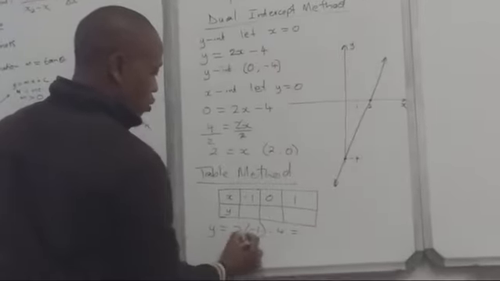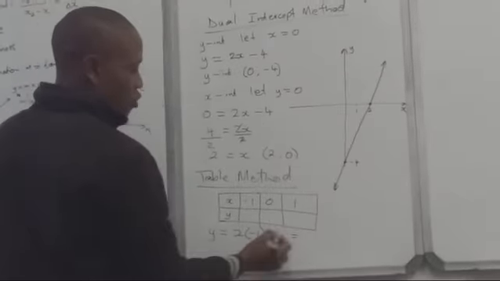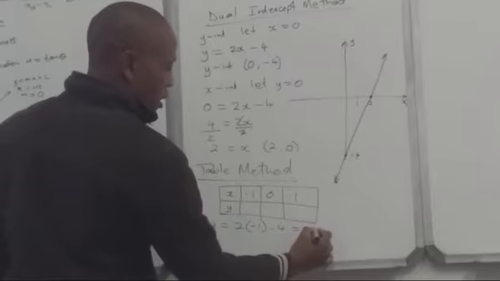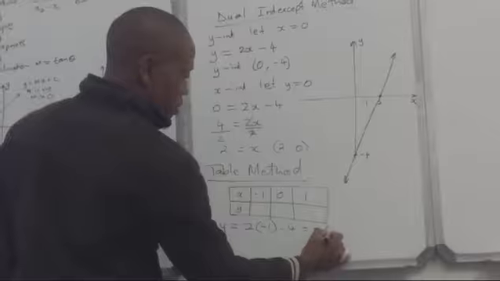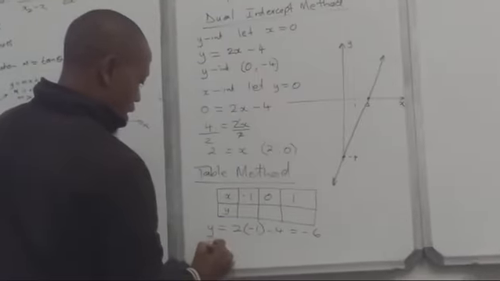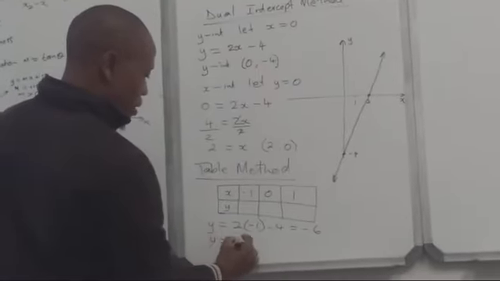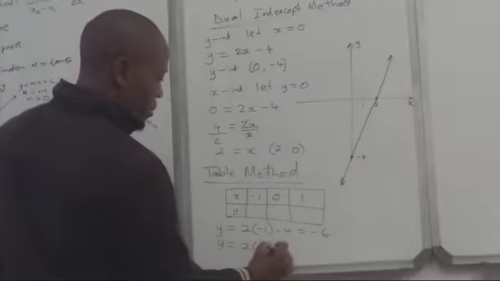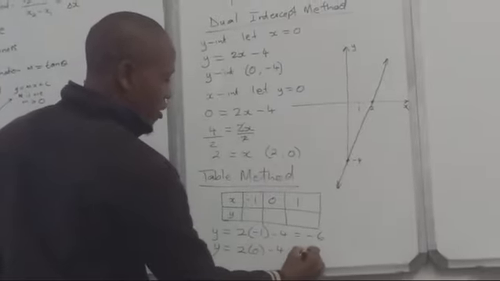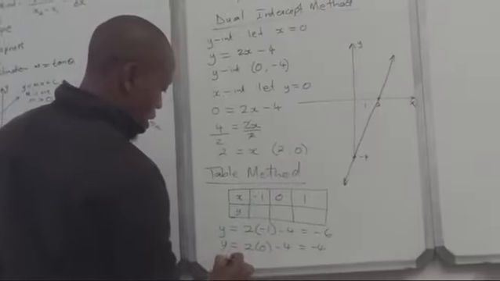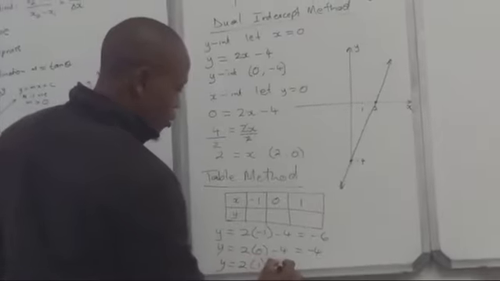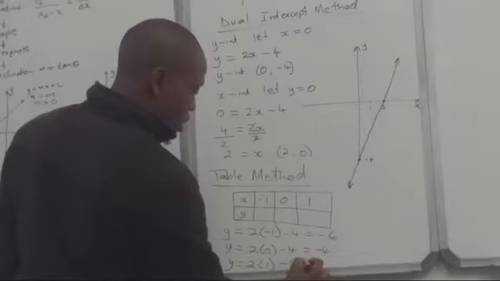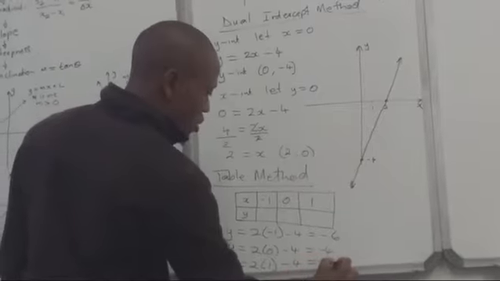Then you have 2 times -1, it's -2, and -4, it's -6. And then y equals 2 times 0 and negative 4, that is negative 4. And then y, 2 times 1, it's 2, and minus 4, it's minus 2.